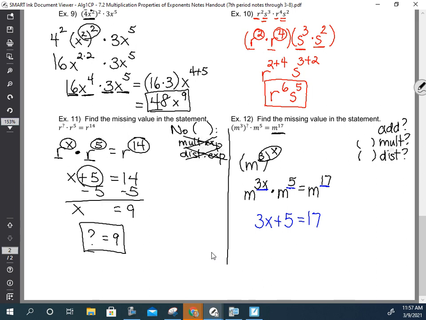All right, so let's subtract 5. 3x equals 12. So 3x equals 12, now what? Divide by 3.